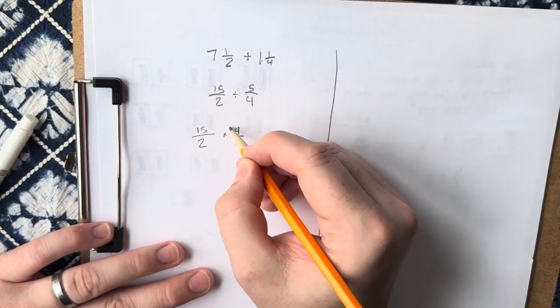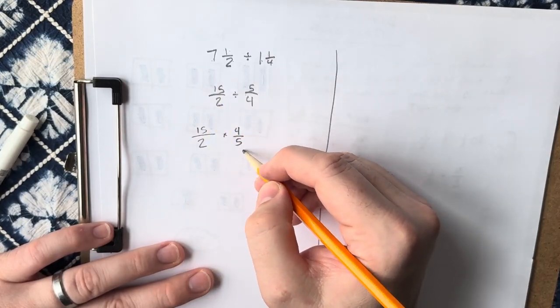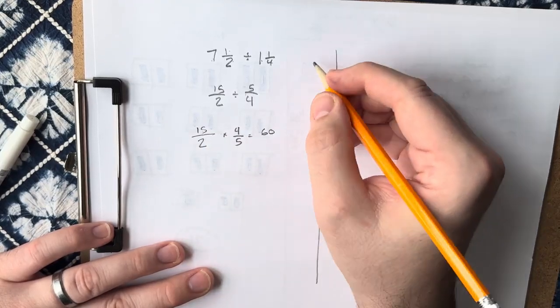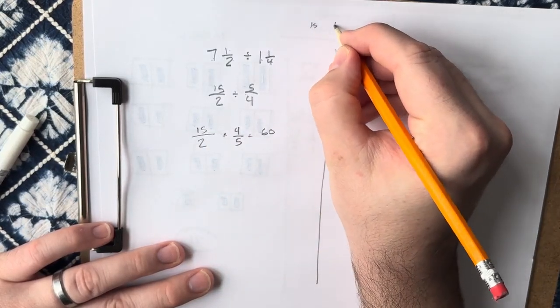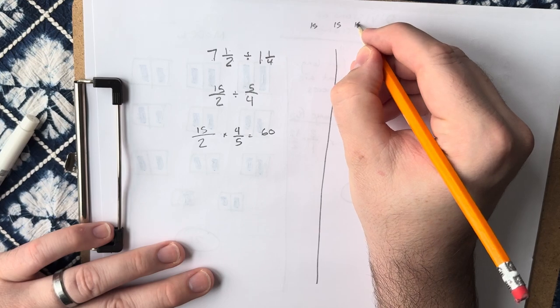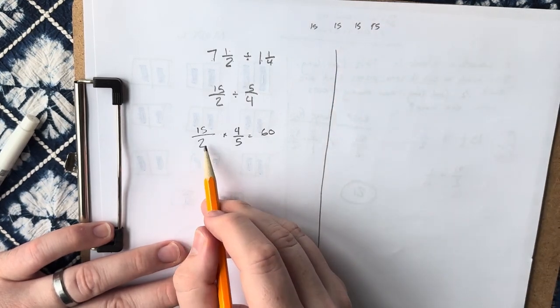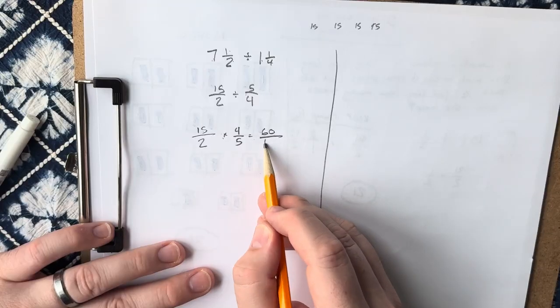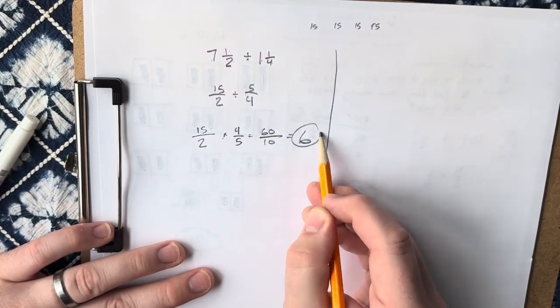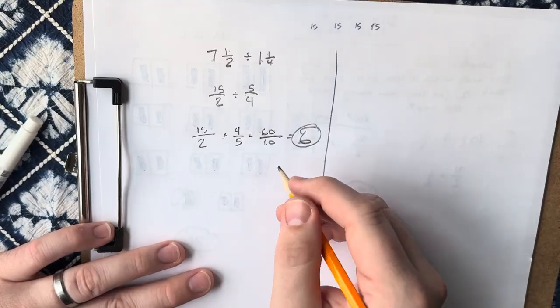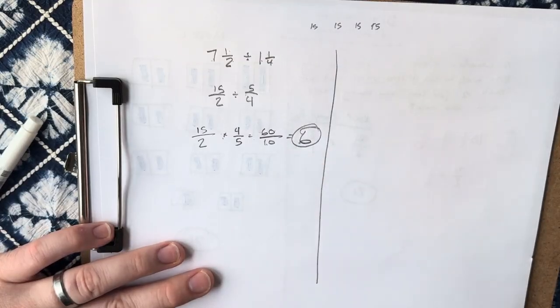Keep, change, flip. All right, 15 times 4 is 60, because we know it's 15, 30, 45, 60, like on a clock. All right, then 2 times 5 equals 10. The answer is 6, because 60 divided by 10 is 6. Now, we're saying that we will fill 6 bags.